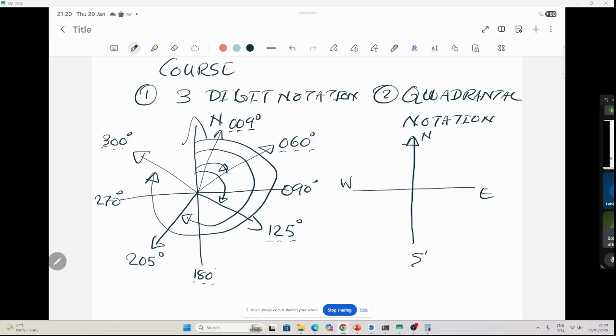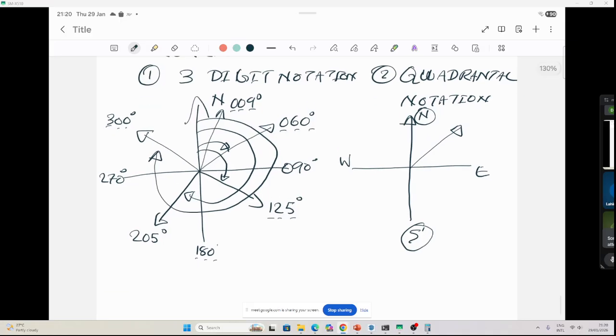Okay, so anyway, assume that this course I want to write in quadrantal notation. Always your north and south is very powerful. So your quadrantal notation always starts either from north or from south.